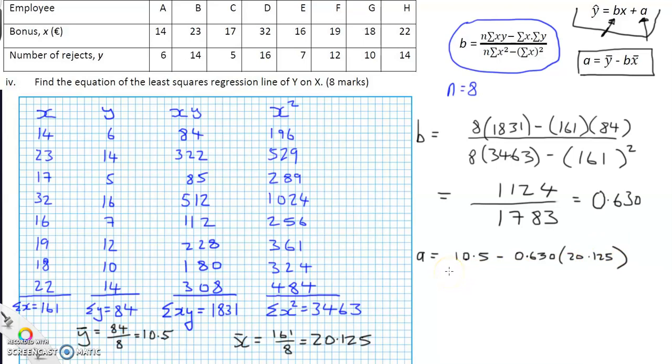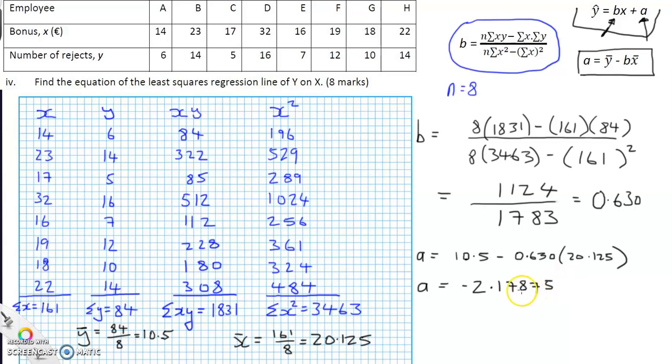So 10.5 minus 0.630 multiplied by 20.125 comes to a minus number. We get a equals minus 2.17875 I have here.